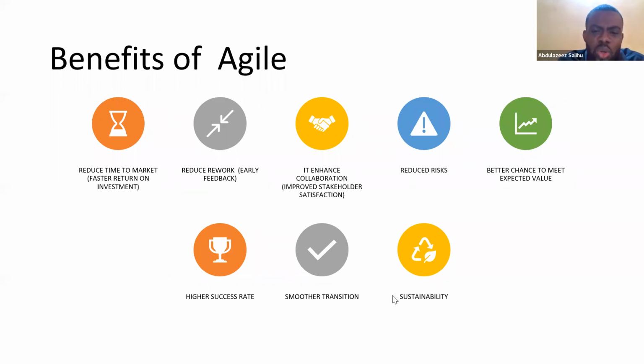It enhances collaboration. And when there's collaboration, it automatically results in stakeholder satisfaction. Your stakeholders are happy with you. When you're implementing a black box, your ability to accommodate change helps you reduce risk.